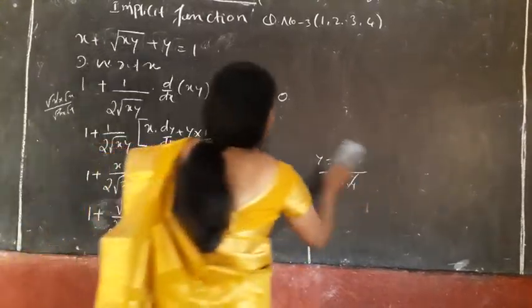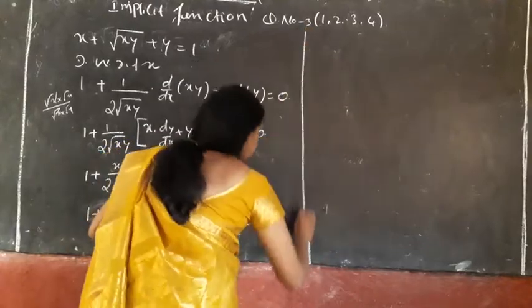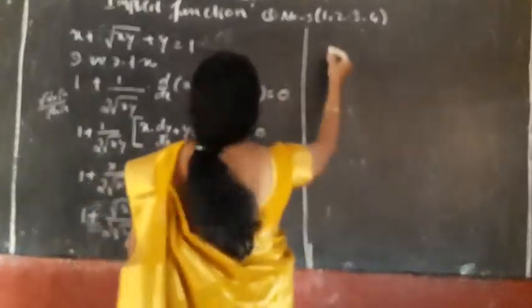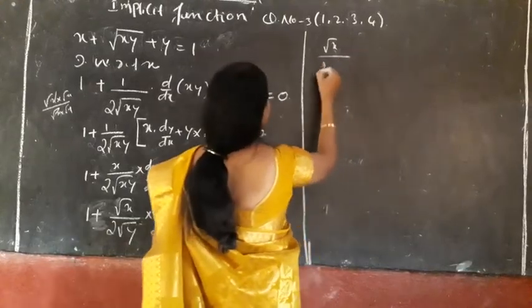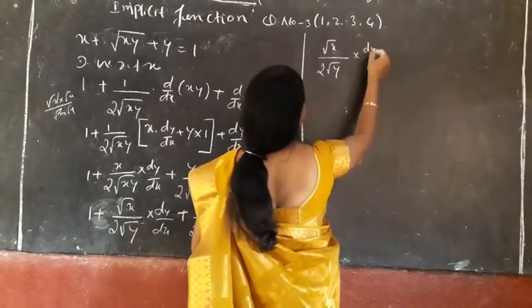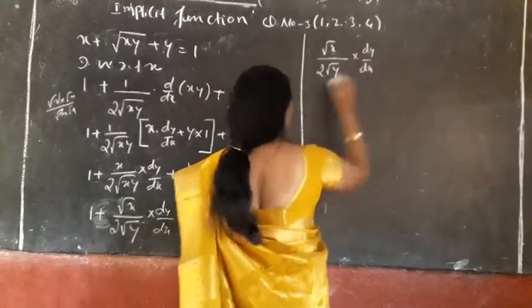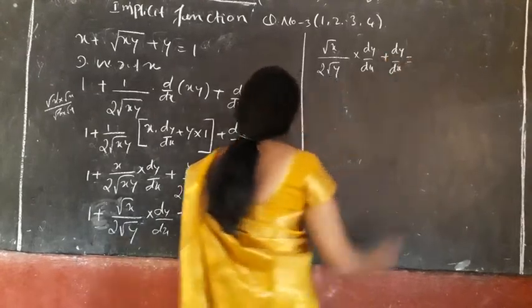Now collect the terms dy upon dx. See, root x divided by 2 root y into dy upon dx plus dy upon dx.